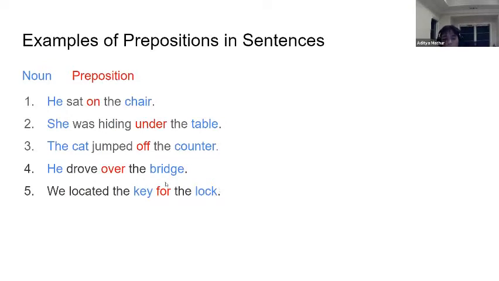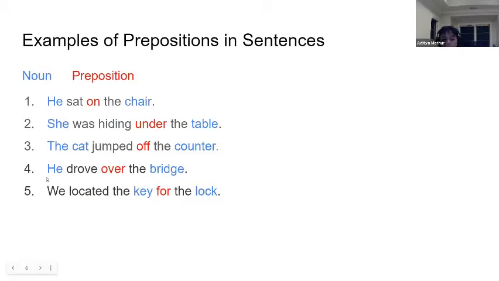But remember, a preposition can only relate 2 nouns, not 3. So we have to see, are we relating we and the lock? Are we relating we and the key? Or are we relating key and the lock? Obviously, you're going to relate key for the lock. That makes the most sense.